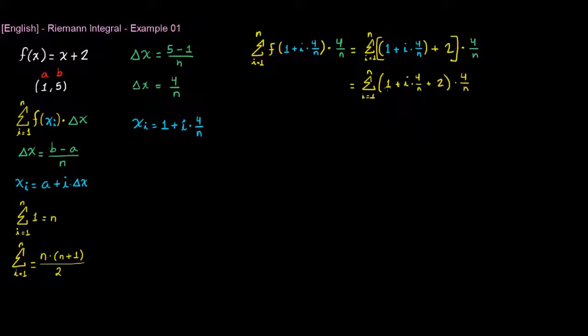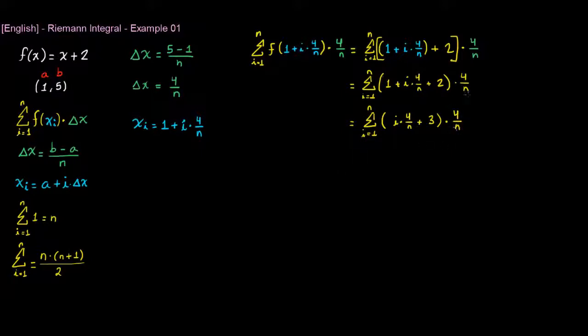Now I'm going to simplify things here. I'm going to add up this 1 and this 2, just for the purposes of making this simpler. I'm going to put first this i, so i times 4 over n plus 3, times the 4 over n.